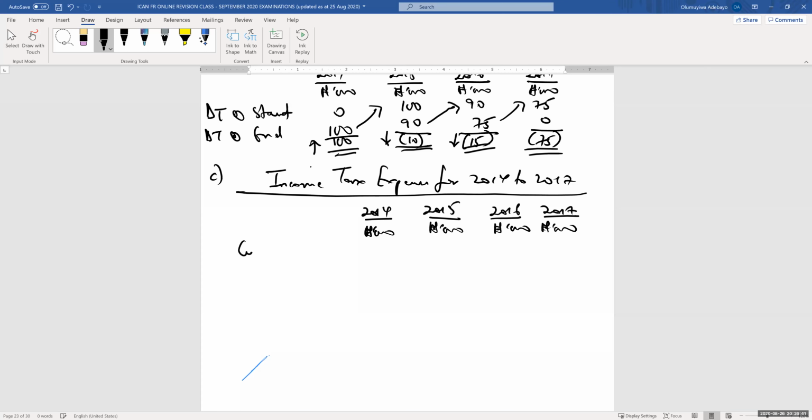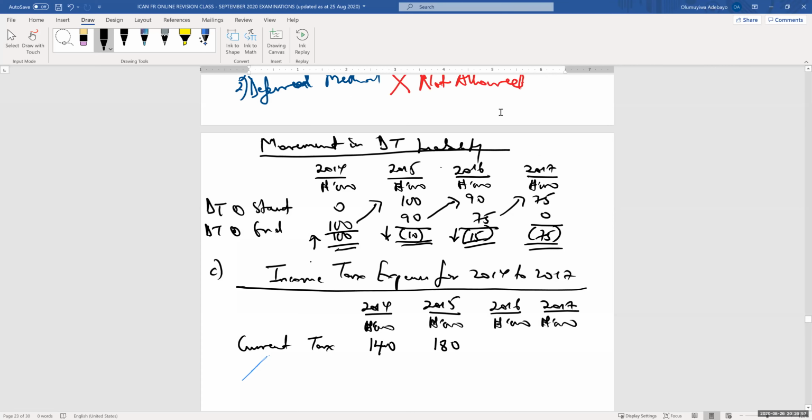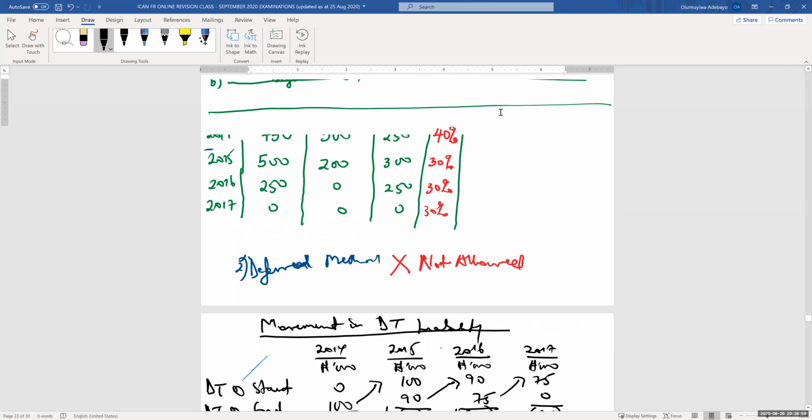Now, what is our current tax? As computed earlier, our current tax was 140, 180. Is that correct? Let's check. Okay, sorry.